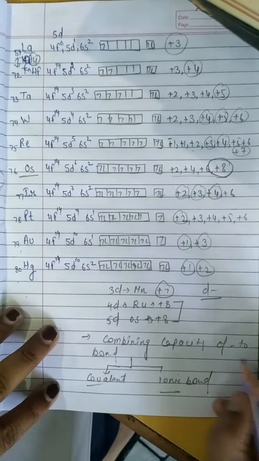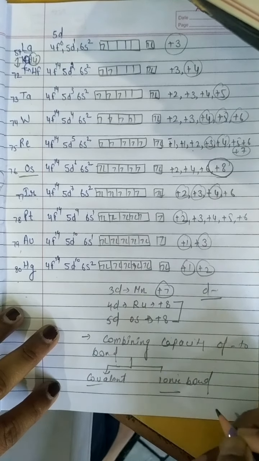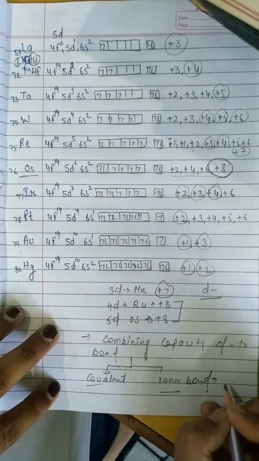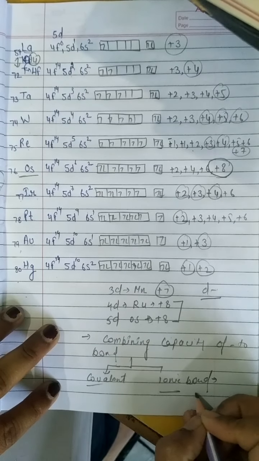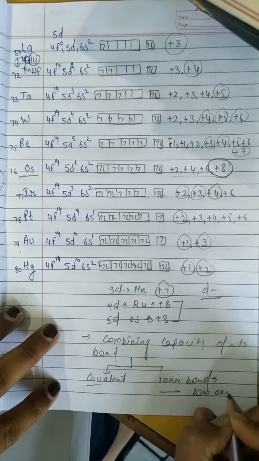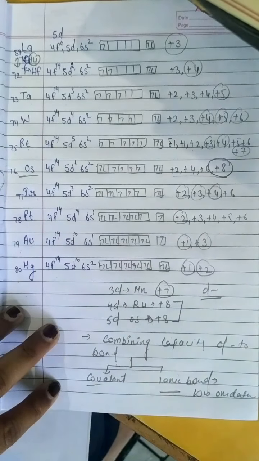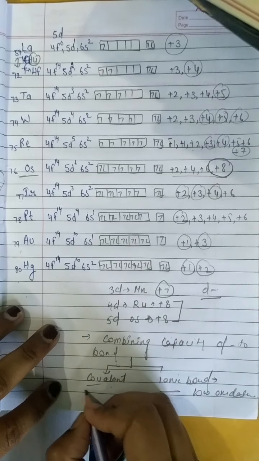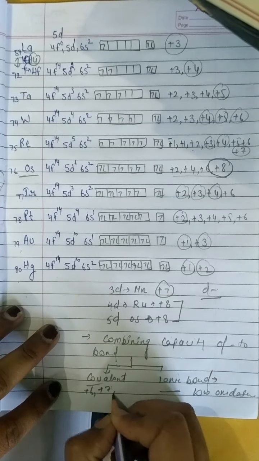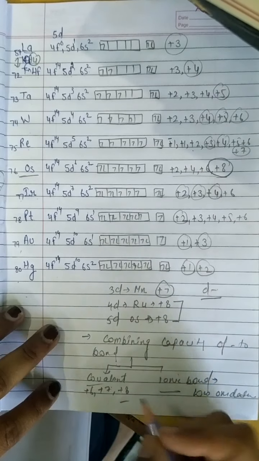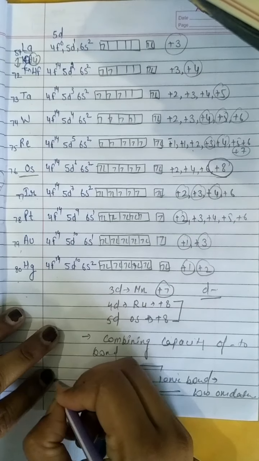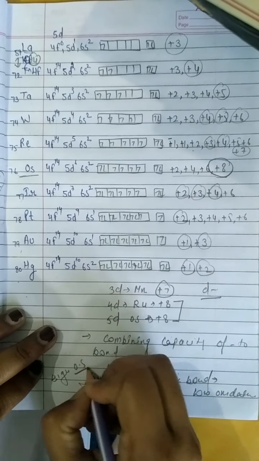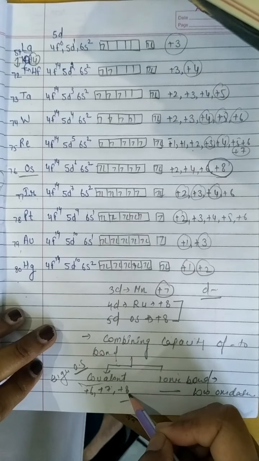When they are in a low oxidation state, meaning +2, +3, then they show the ionic bond. But when the element exists in a higher oxidation state, +6, +7, +8, then they show the covalent bond. In a higher oxidation state they show the covalent bond.